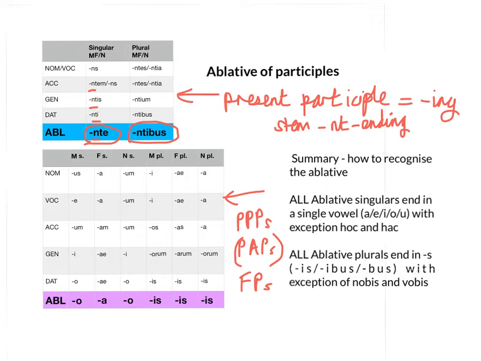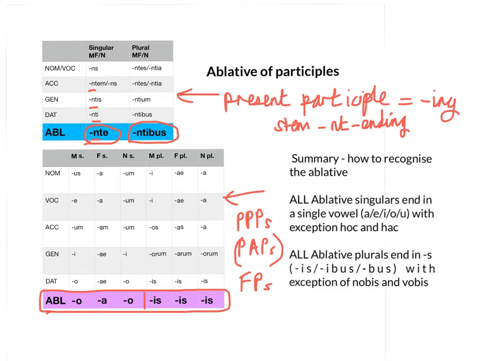So if it's not a present participle, it will look like this table here, and the ablative is to be found here. And perhaps it won't surprise you, the singular ablatives are all a single vowel, and the plural ablatives are all IS. So there's a summary here which you can learn.